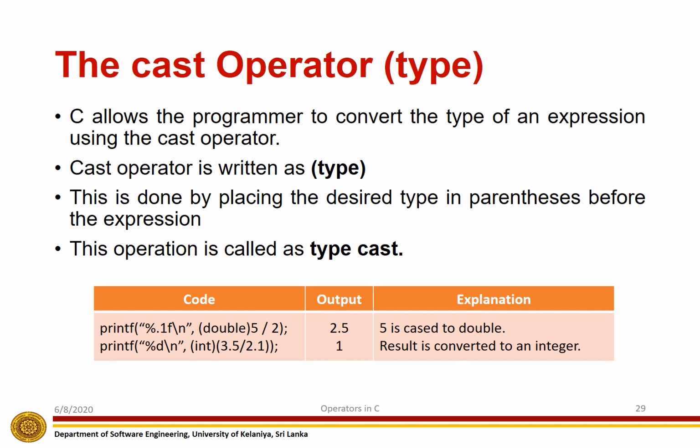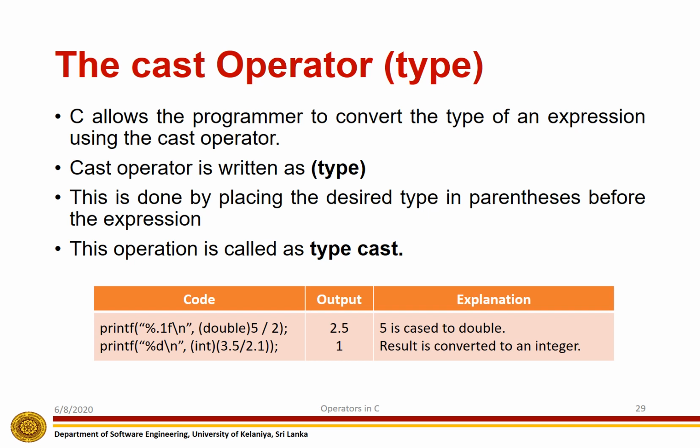In the second example, I have divided two double values, 3.5 by 2.1. So the answer also will be in double format. I want the output in integer format. So I have given the cast to int before the expression, and I have also put parentheses around the expression. So first the expression is evaluated and the answer is obtained in double.